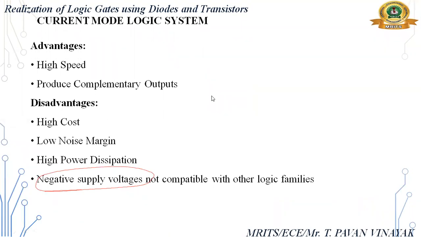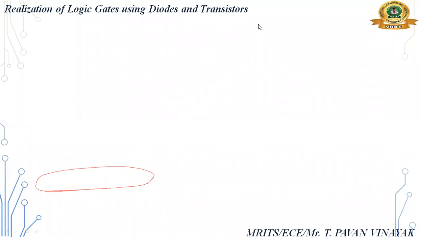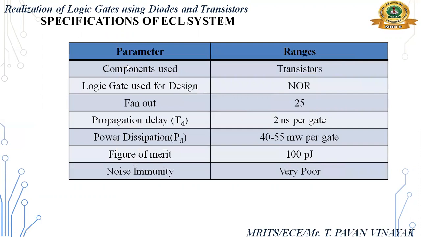Next one is MOS transistors. Before starting MOS, let us see the specification table. Components used are transistors, NPN transistors. Logic gate designed is NOR. Fan out is 25.